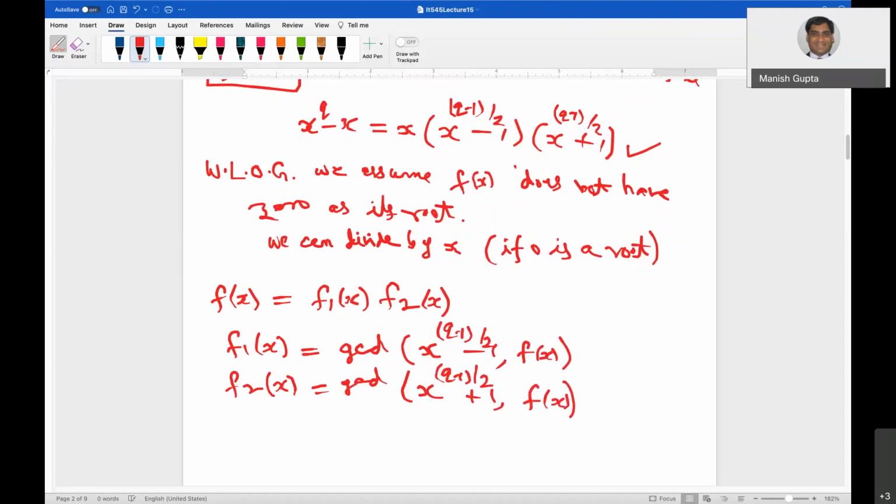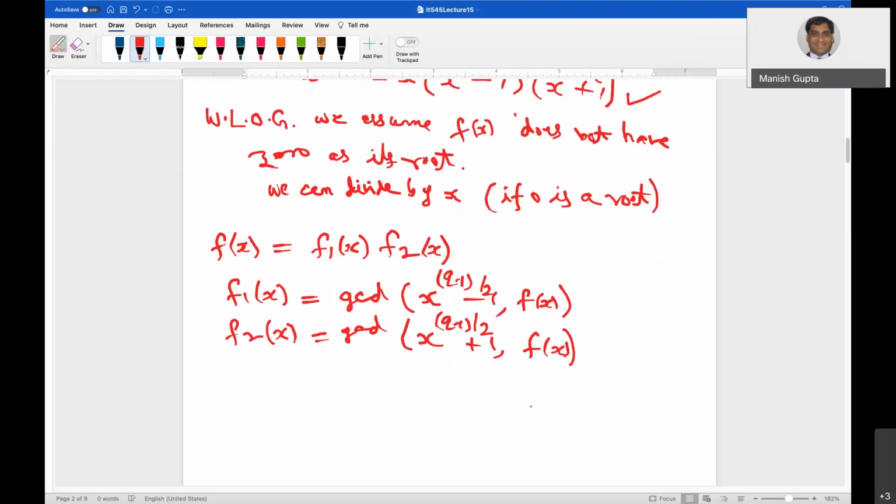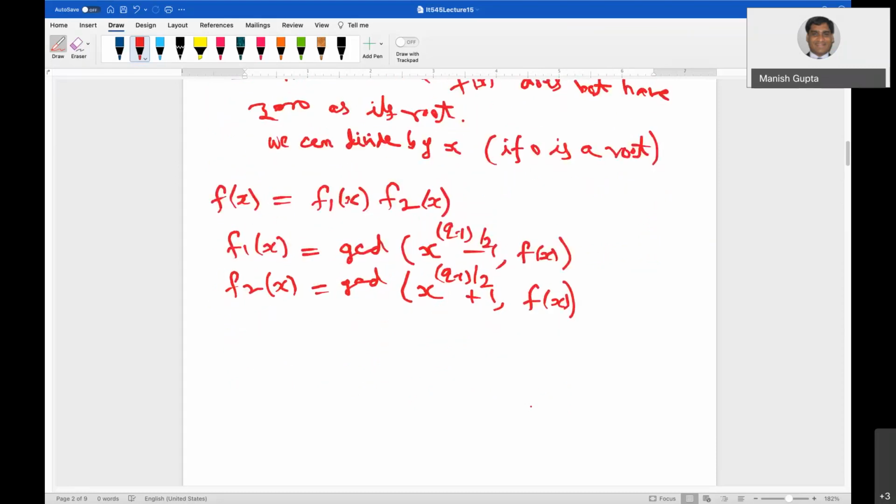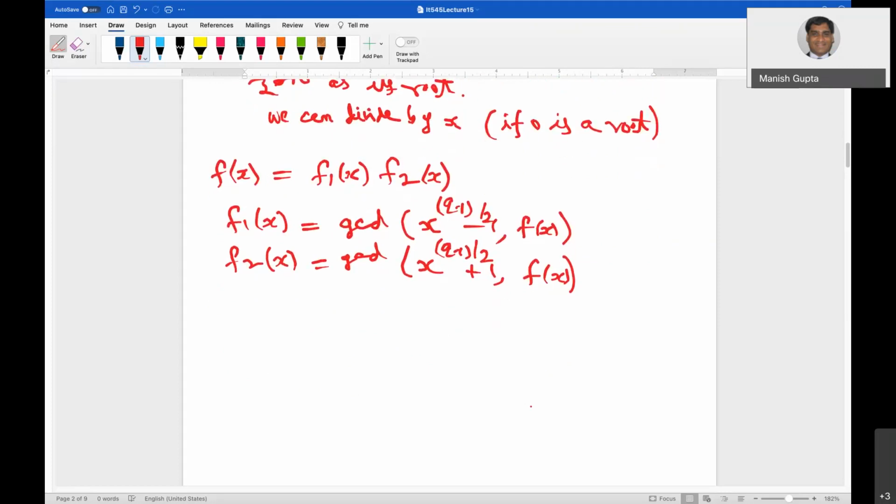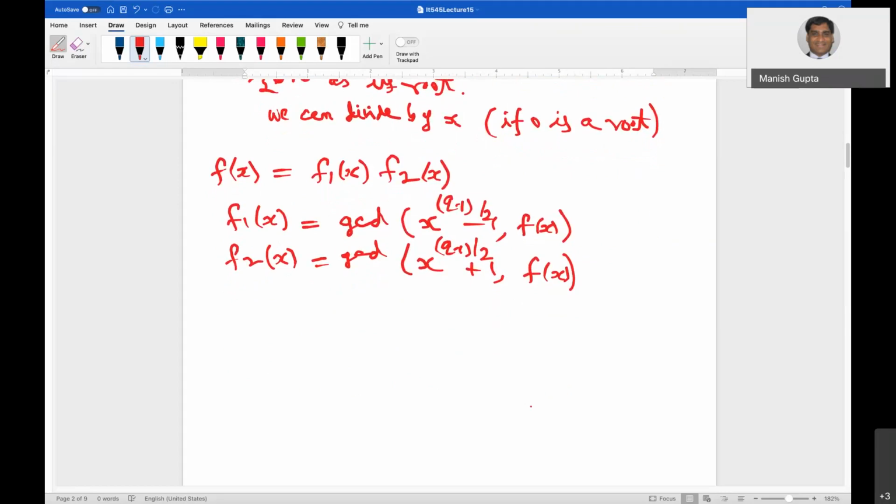Okay. So basically we are collecting the factors out of this. Now the key crucial part comes for the algorithm. So we can write f(x) as f1(x) f2(x), where f1(x) is this GCD and f2(x) is this GCD.